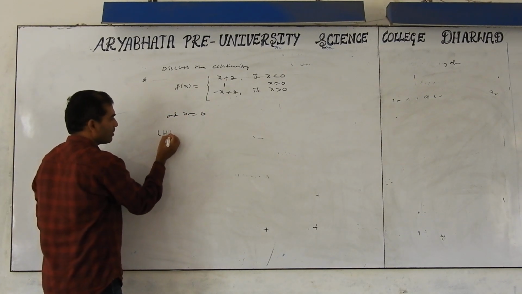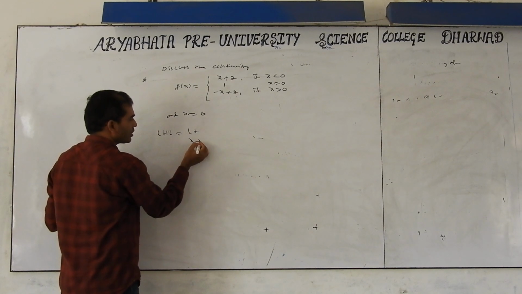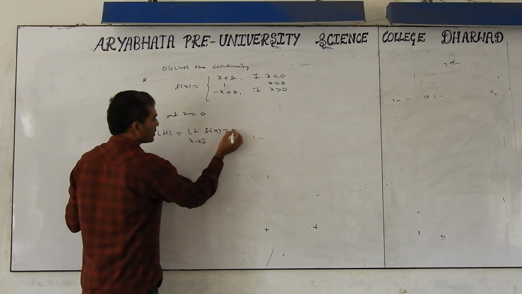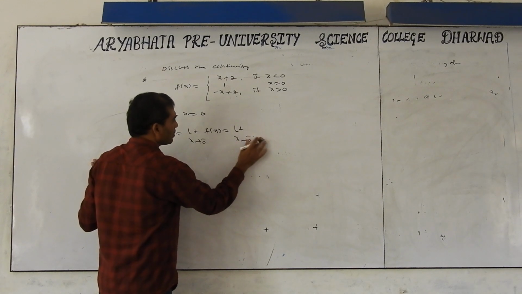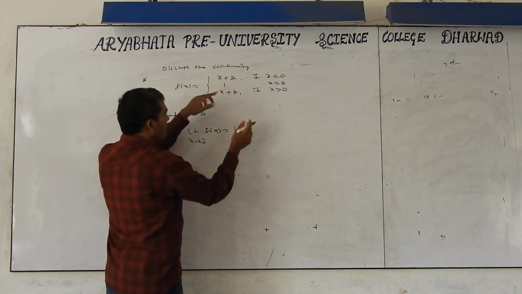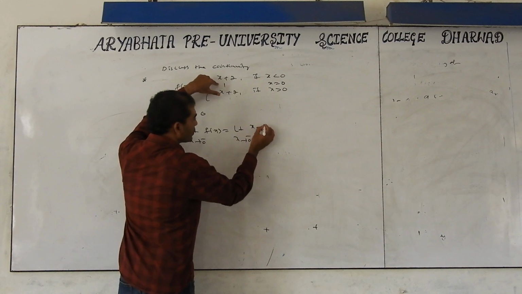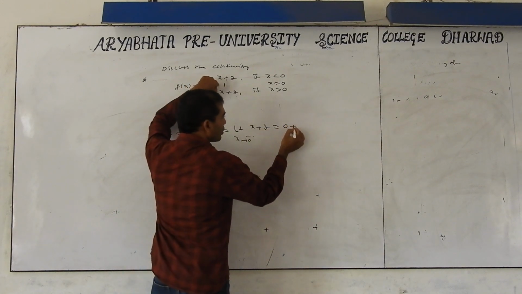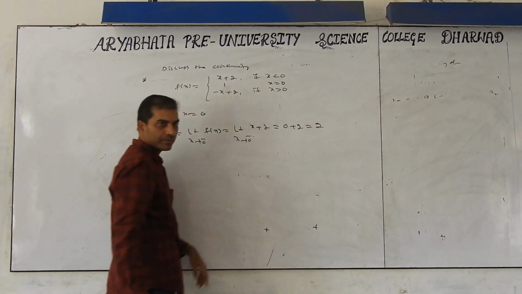First, let's find the left limit. Limit of x tends to 0 minus f of x. Limit of x tends to below 0. Below 0 it is x plus 2. Put x equal to 0, 0 plus 2 equals 2.